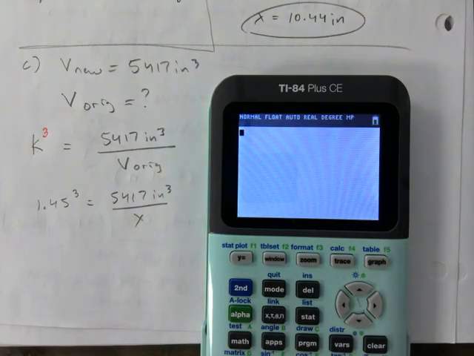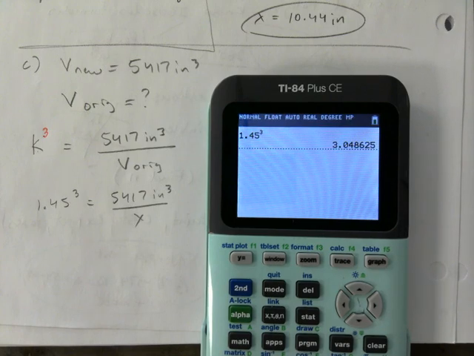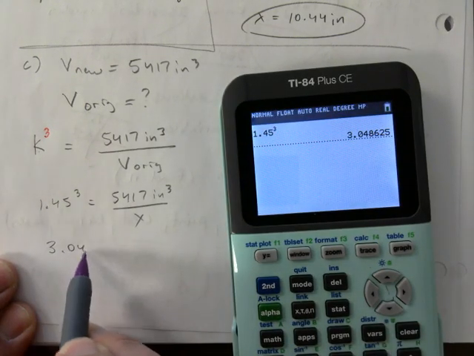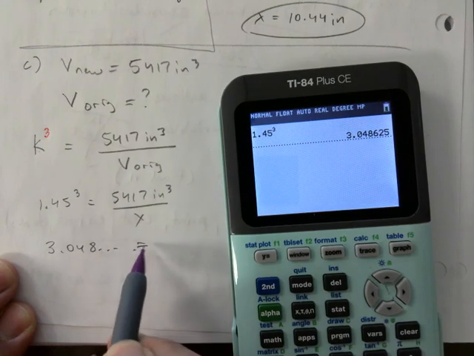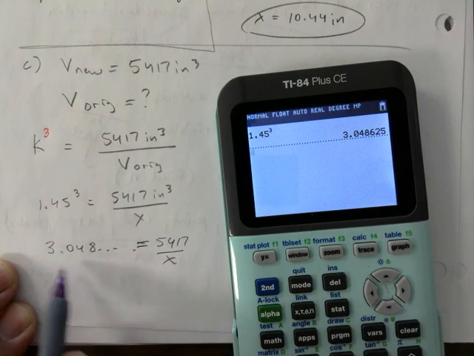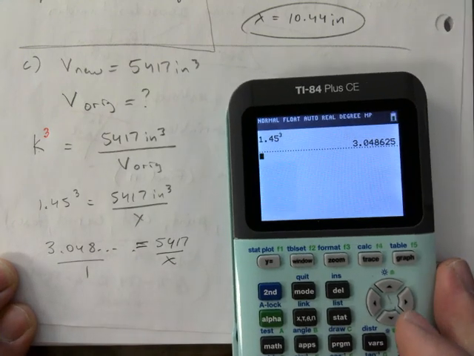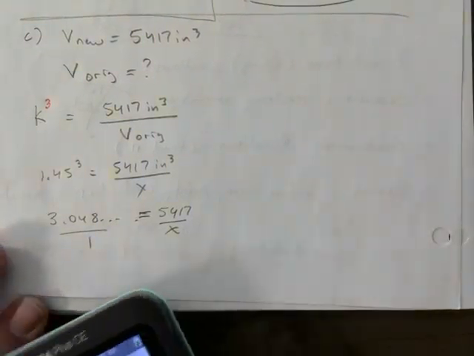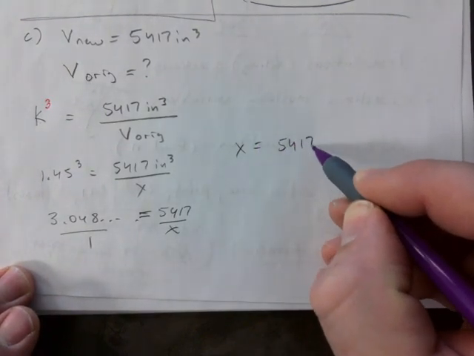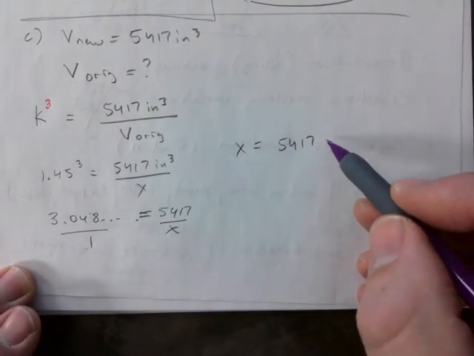I prefer you keeping it as a fraction, but sometimes it's not possible. So I'm going to cube my scale factor. That's 3.048 dot dot dot is equal to 5417 over X. Put a 1 here. And now we're ready to solve this. This times that divided by that.